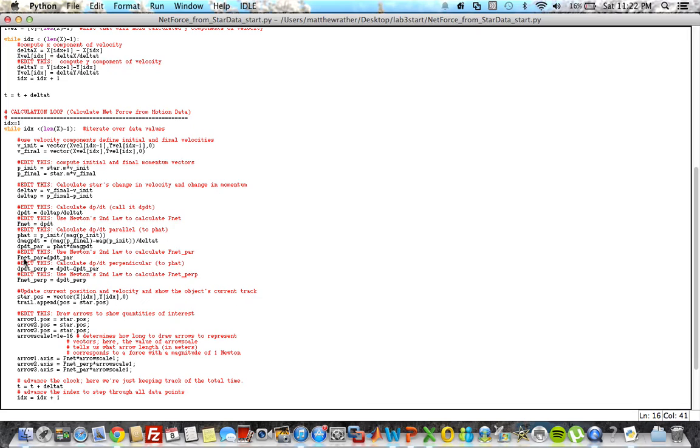Next, we calculate the F net of the parallel component, which is just equal to dp/dt parallel. dp/dt perpendicular is equal to dp/dt minus dp/dt parallel, as we have seen that the vector dp/dt is equal to dp/dt perpendicular plus dp/dt parallel. And the F net perpendicular is just equal to dp/dt perpendicular.